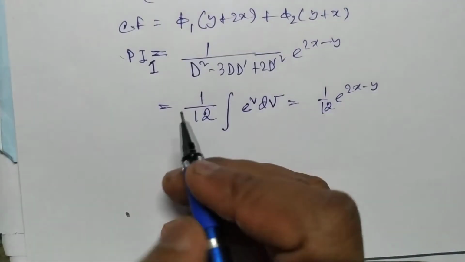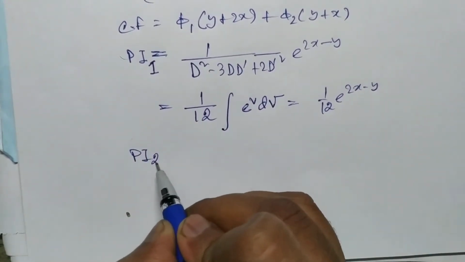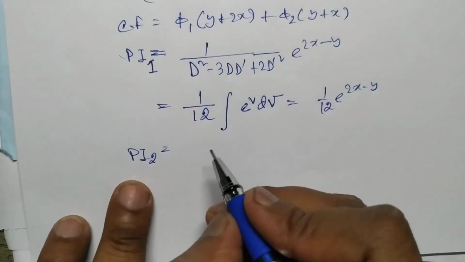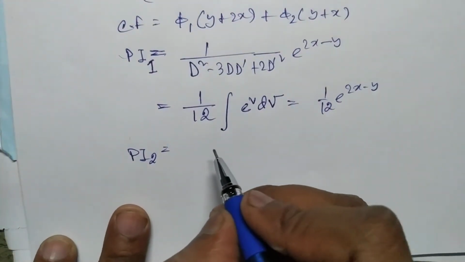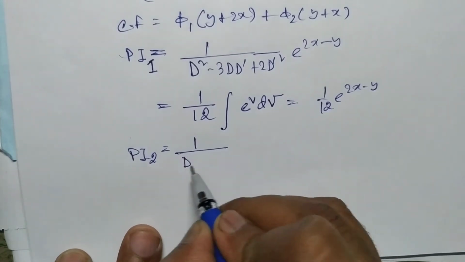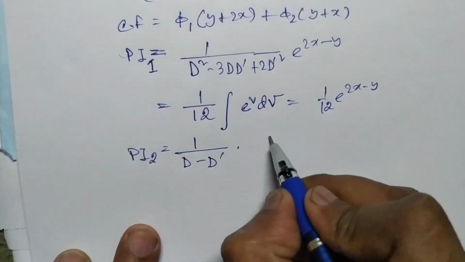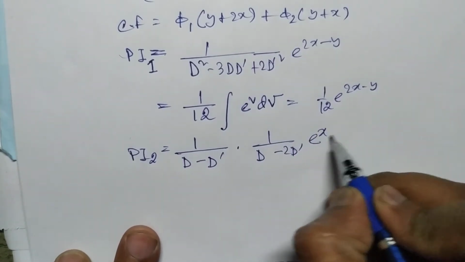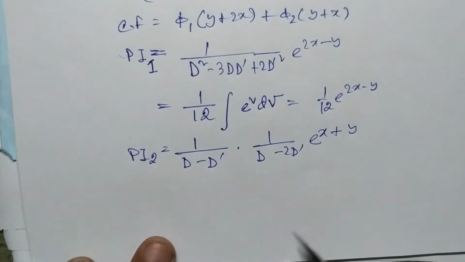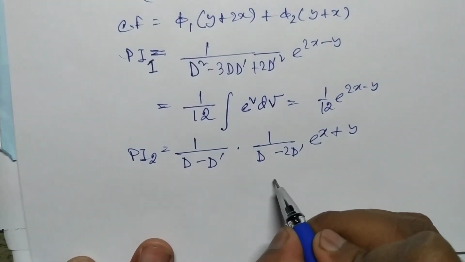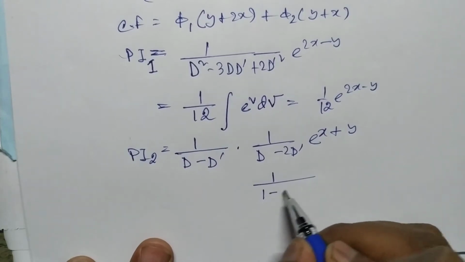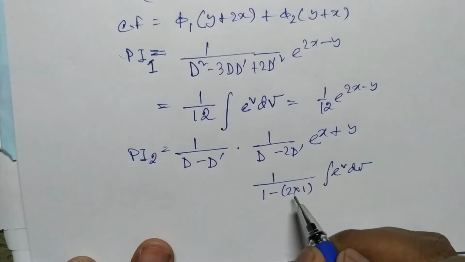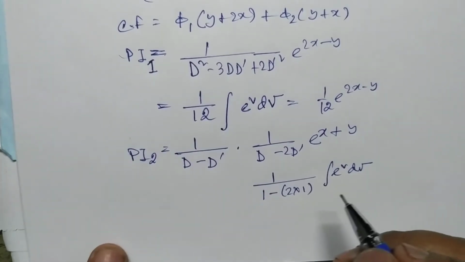And for the next part, PI 2, this is for e to the power (x plus y) only. Then we will break it because there will be a 1 over 0 otherwise. D minus 2D' on e to the power (x plus y): for this first part, it will be 1 over (1 minus 2) multiplied by the integral of e to the power v dv. So this is minus 1 e to the power v simply.